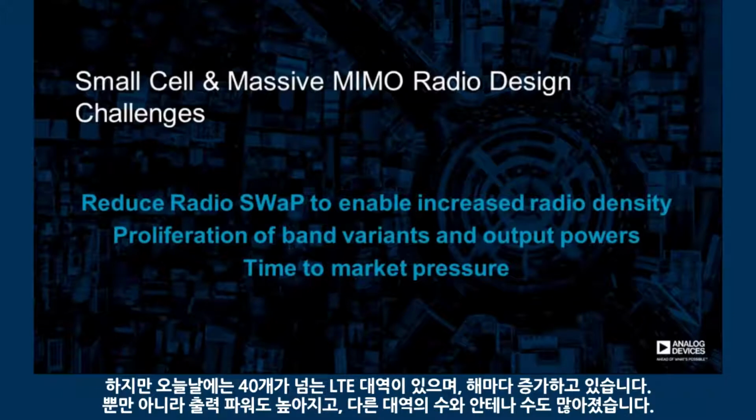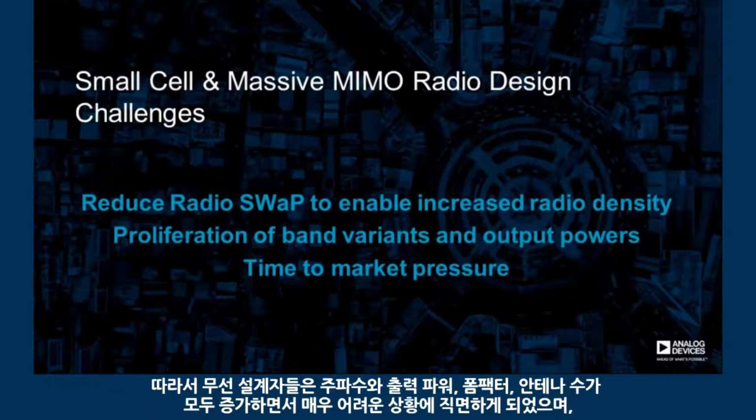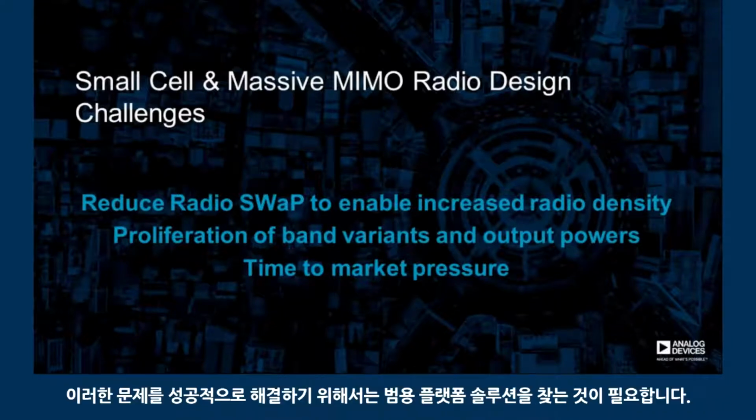Not only that, but you have a slew of output powers and different band counts and antenna counts. And so this makes life very complex for the radio designer, as the matrix of frequencies, output powers, form factors, and antenna counts keeps growing. So finding a common platform solution to address all of these is key to success.